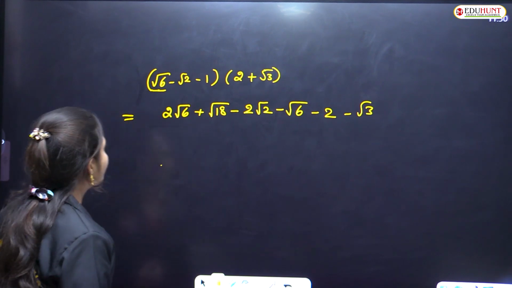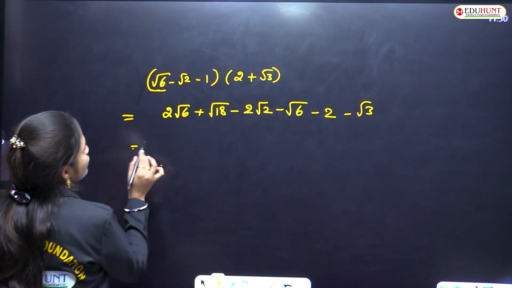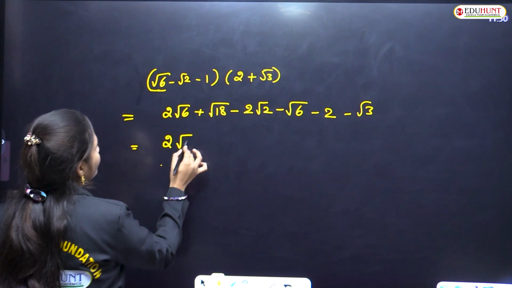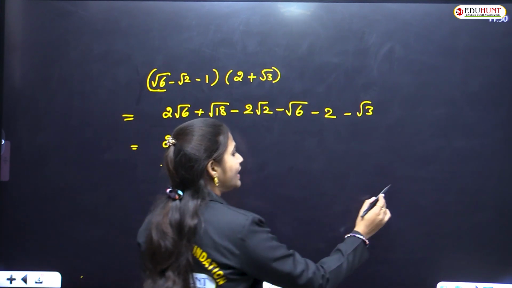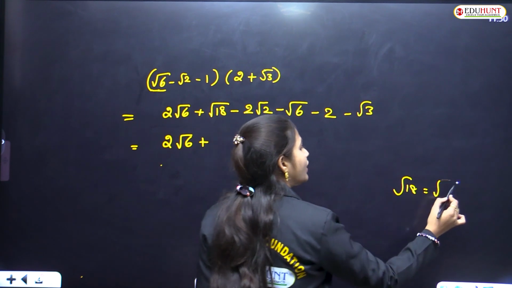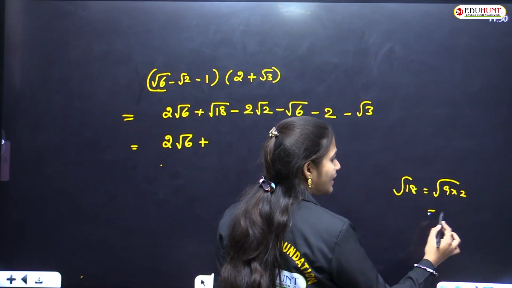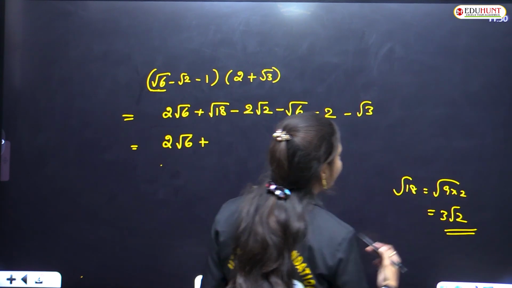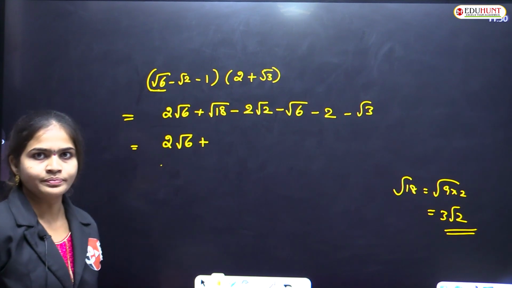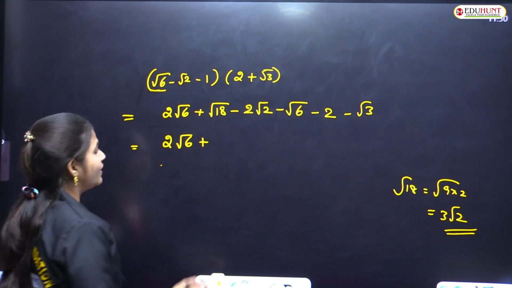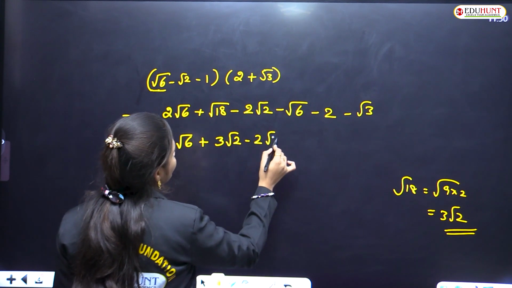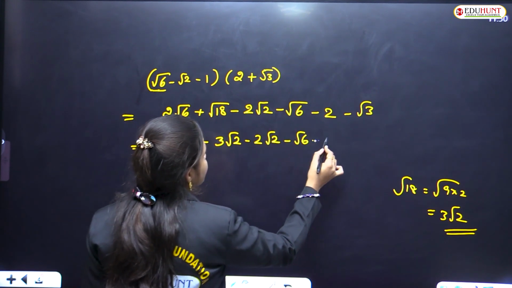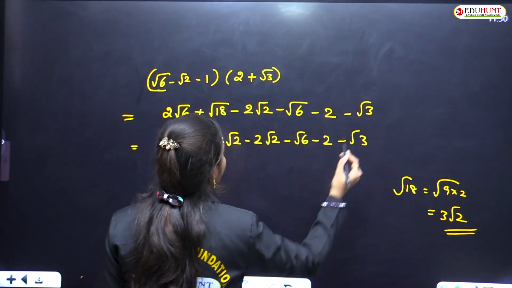Okay, now we have to simplify this. So which is equal to 2 root 6 plus, this one we can write as square root of 18. So the square root of 18 we can write as, 9 twos are 18, so 3 root 2. 3 threes are 9, 9 twos are 18. So here that is 3 root 2 minus 2 root 2 minus root 6 minus 2 minus root 3.